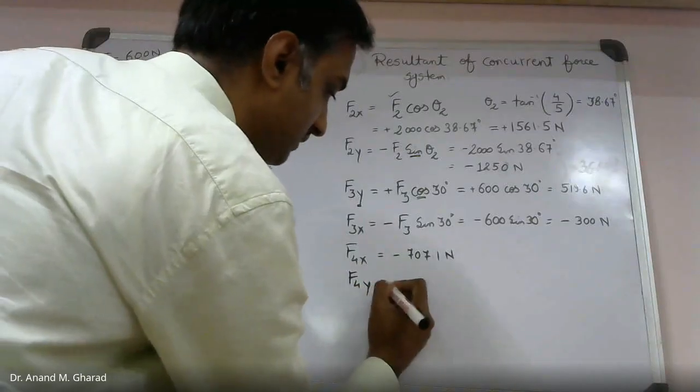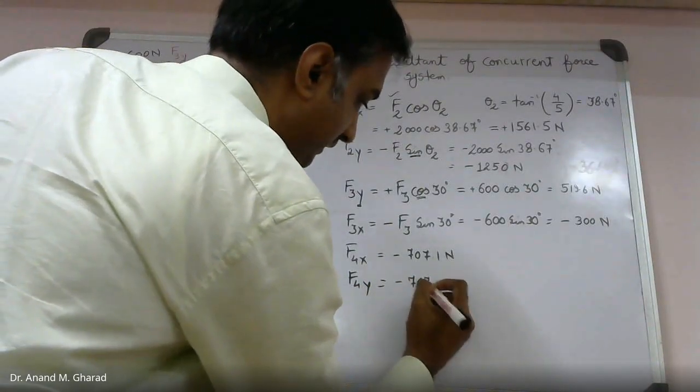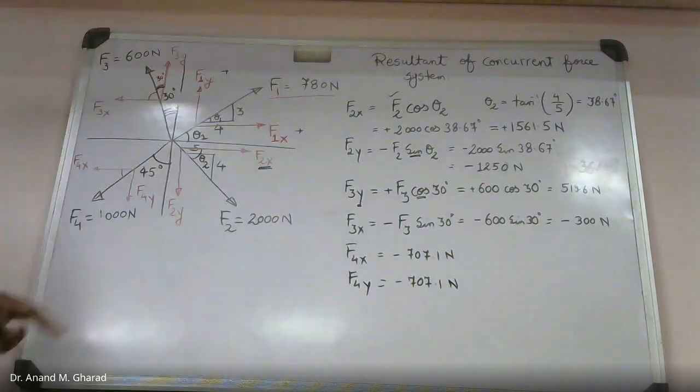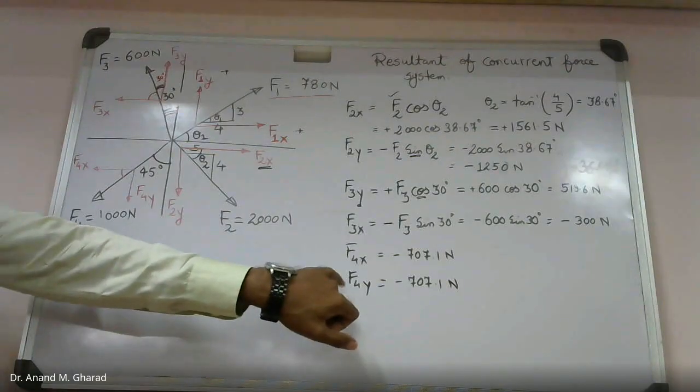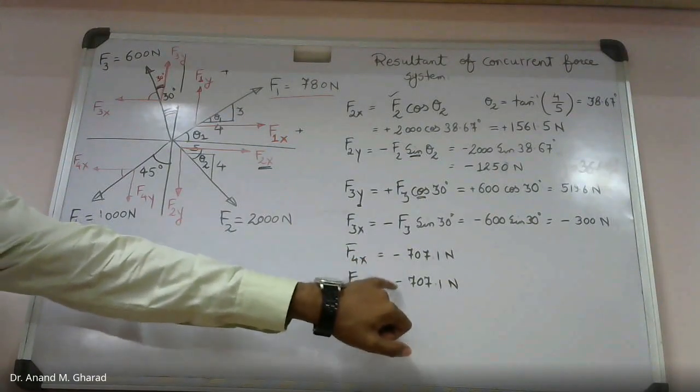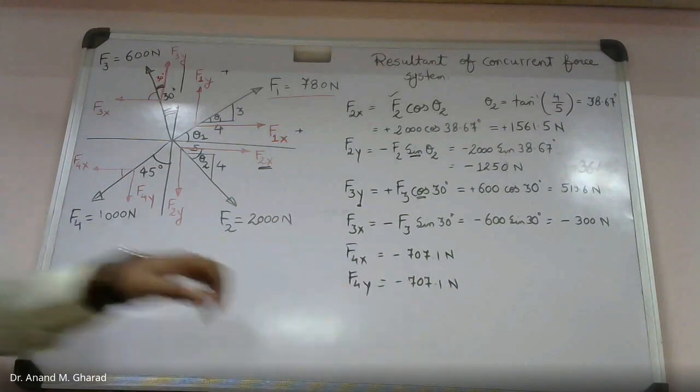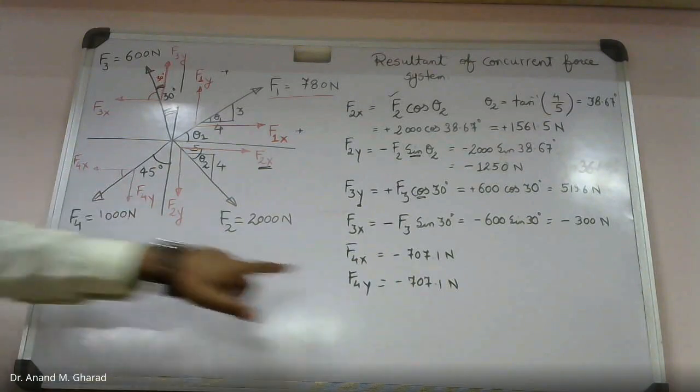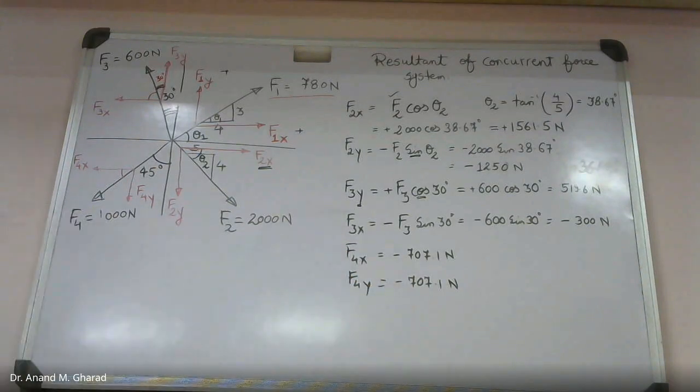Same for F4y, sir? F4y will be the same because of that 45-degree angle. But you should be very careful about the sign. In this case, both the signs are negative, right? Yes, sir. Very good.